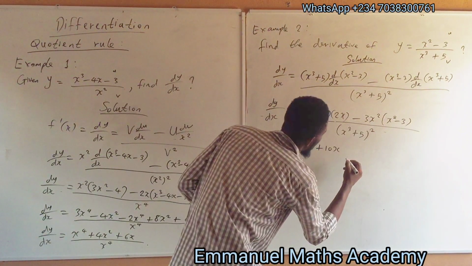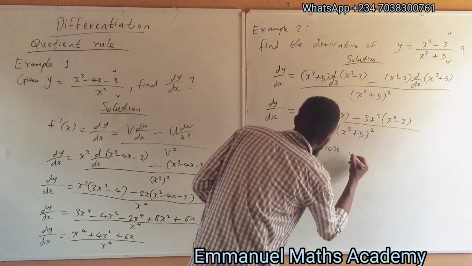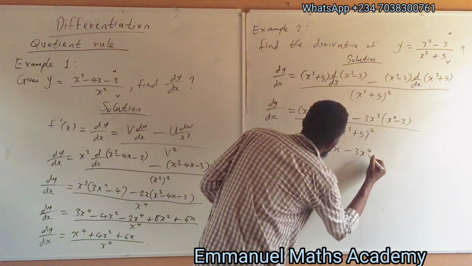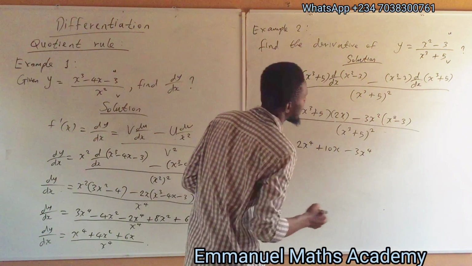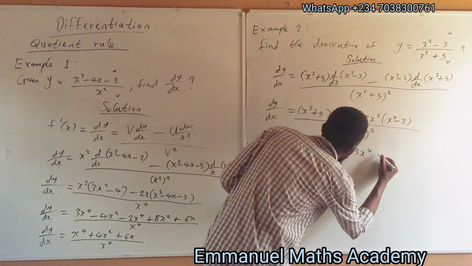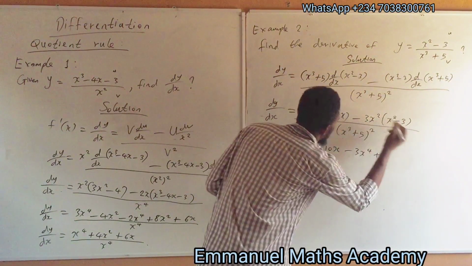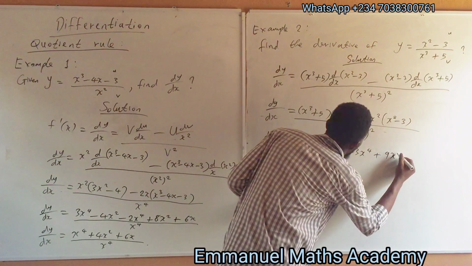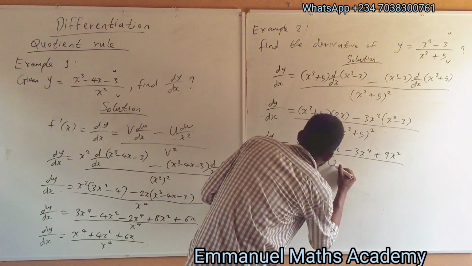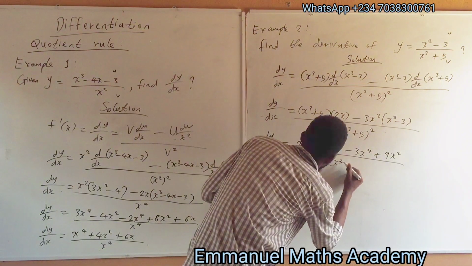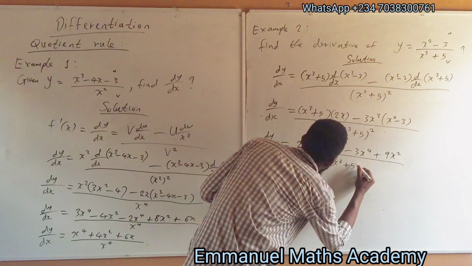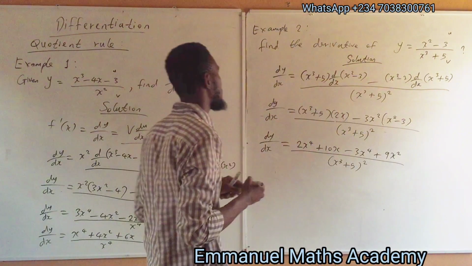Minus 3x squared times x cubed will give you minus 3x raised to the power 4. Then minus 3x squared times minus 3 will give you what? Minus times minus first will give you plus, right? And 3 times 3 will give you 9. You have your 9x squared all over what? x raised to the power 3 plus 5, all raised to the power 2.